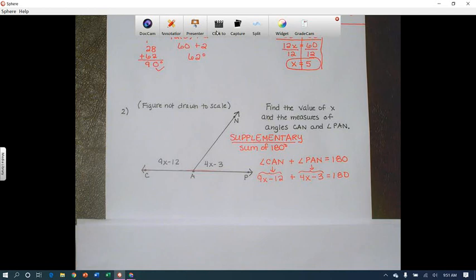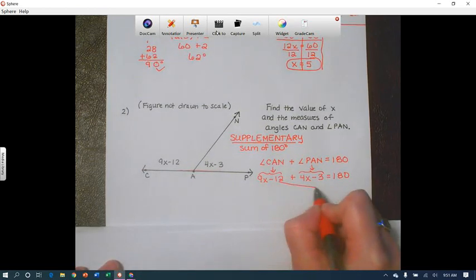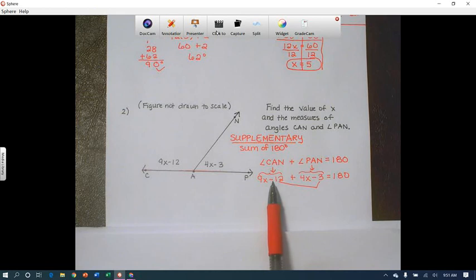So why don't we combine the constants first? And be careful here, because this is minus 12, and remember that means negative 12. So what is negative 12 plus another negative 3?